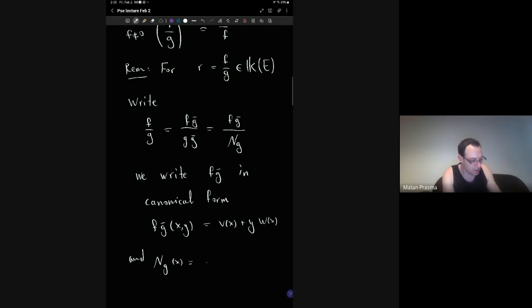So this is, let's say, nu square of x minus s(x) omega square of x. So this is a polynomial in x.